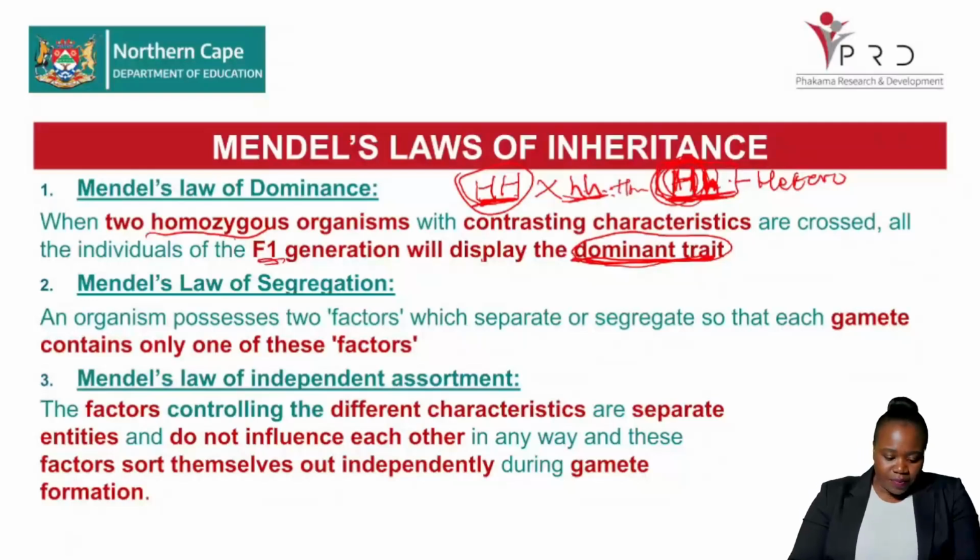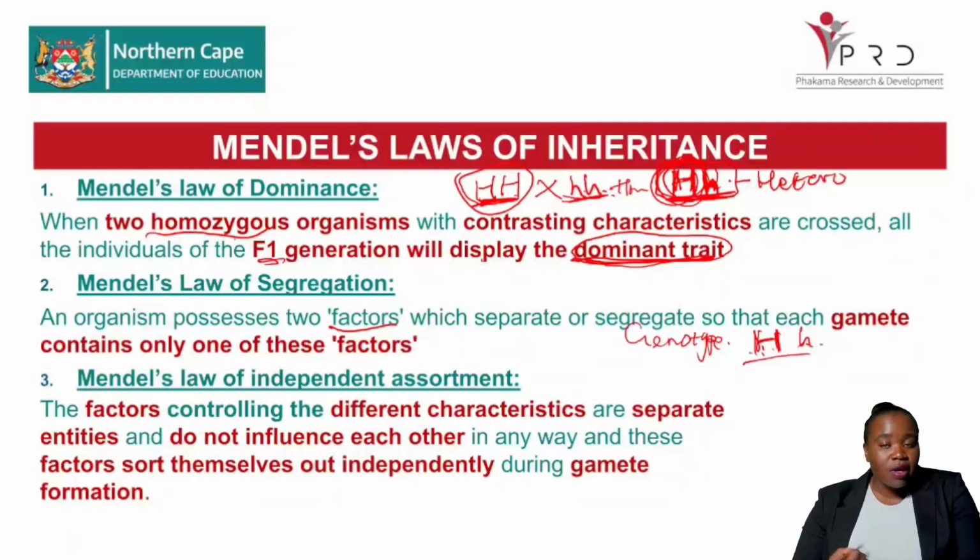It's going to show up in the physical appearance. Okay, now, in Mendel's law of segregation, an organism possesses two factors which separate or segregate so that each gamete contains only one of these factors. Now, you will see that as we are looking at genetic crosses, let's say we have your genotype. In the genotype, we have Hh, for example. Now, we have two factors here.